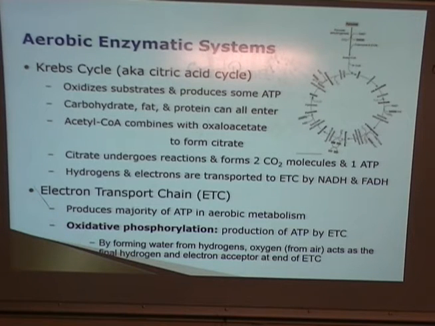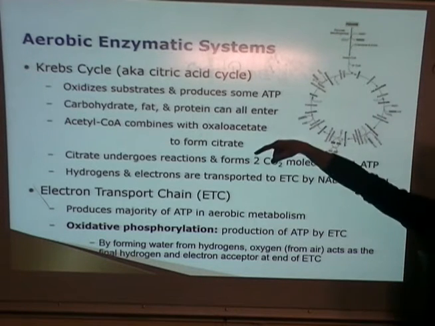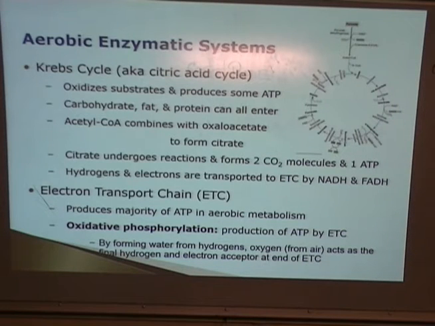The electron transport chain is often pictured like a waterfall. And what happens here is that the NAD and the FAD that are carrying the hydrogen ions, doesn't matter whether that hydrogen came from Krebs cycle or, remember, whether the hydrogen came from glycolysis.